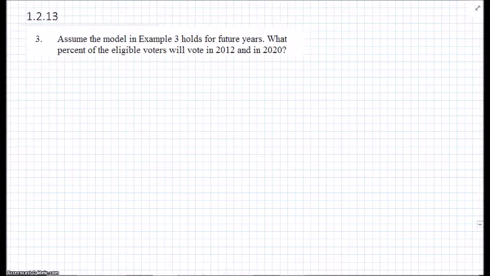Assume the model in example 3 holds for future years. What would the percent of eligible voters look like in 2012 and 2020? Well, it was negative 0.3y plus 61, and y equaled the years since 1960.